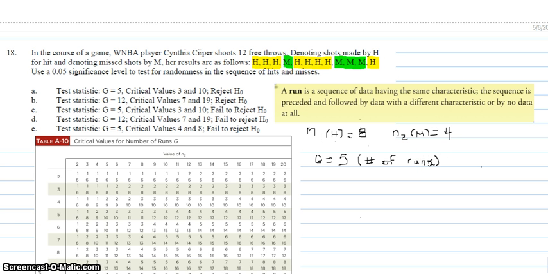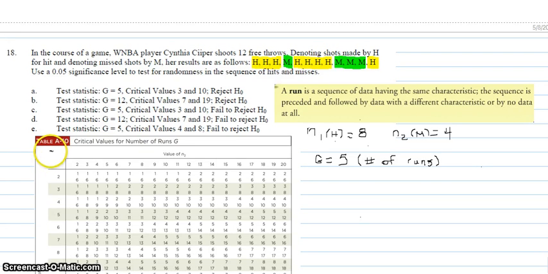Okay. Now, we need to find the critical values. We've determined that G is 5, so we automatically know that answer B and answer D are not valid. Since N1 is less than or equal to 20, and N2 is less than or equal to 20, and alpha is 0.05, we're going to refer to table A10 to find the critical values.